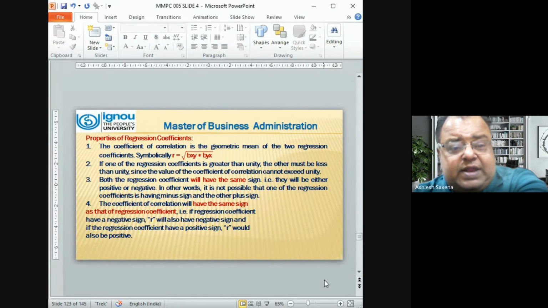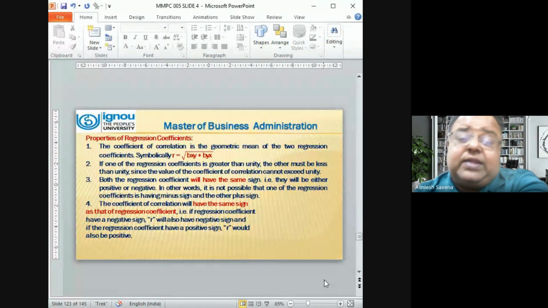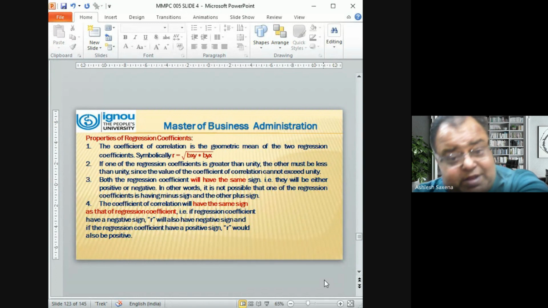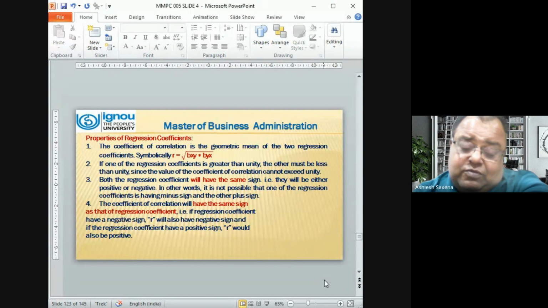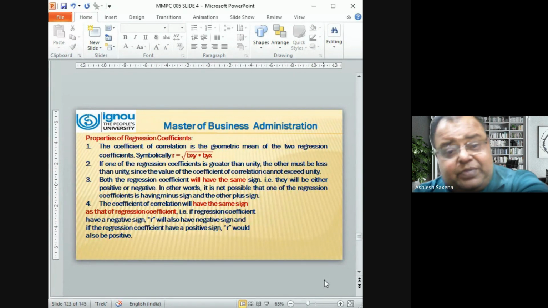If one of the regression coefficients is greater than unity, the other must be less than unity. These three, four steps you have to remember because you will be calculating mathematically and there is a probability of making mistakes. If you know what you are doing, very good.